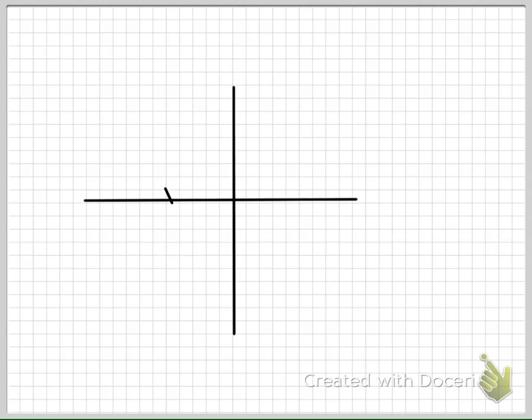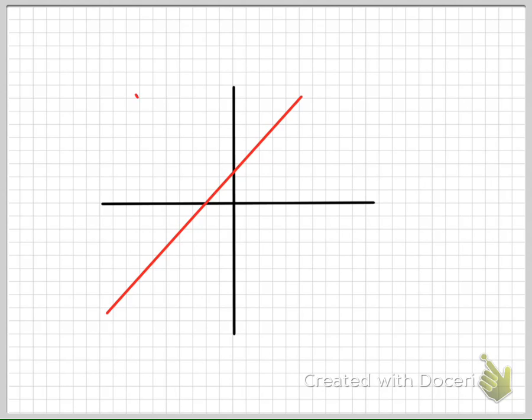this right here. Oops, I don't want that. All right, so let's say I have this graph. Now, lines have different kinds of slopes. There are actually 4 different kinds of slopes.